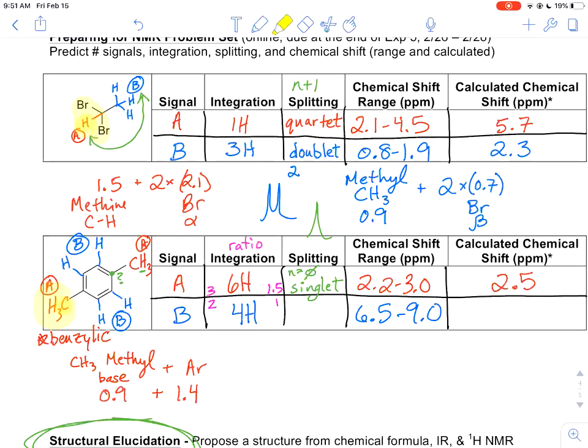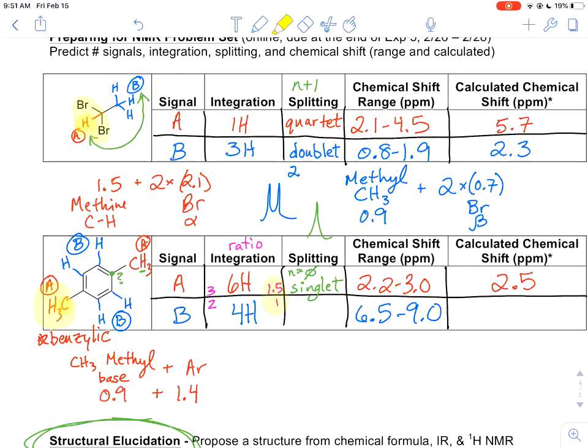Oftentimes, the integration is given like this because one signal has to be the standard or the base point. So one signal is integrated as 1, and everything else is integrated relative to it. So you do need to be given more information about the compound to know whether the ratio given corresponds to 3 hydrogens or 6 hydrogens in this example.